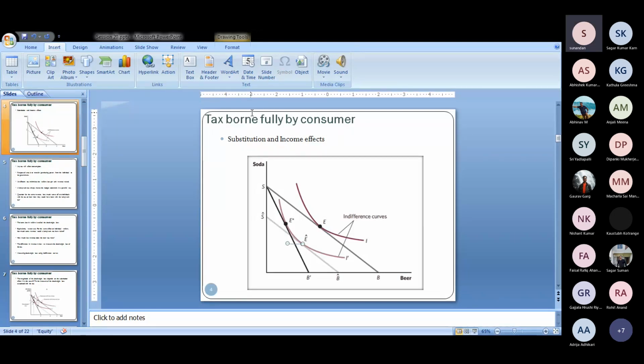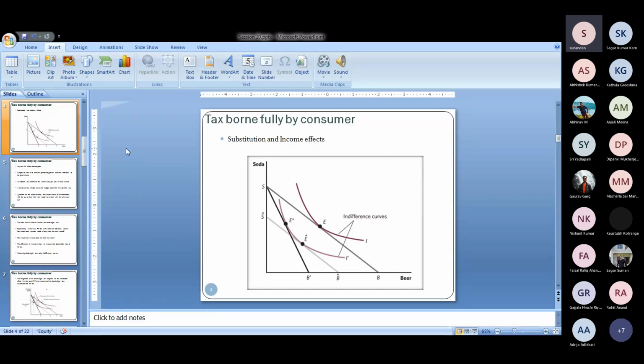Then the government is going to lose the tax revenue on that many units of beer because you are no more consuming that amount of beer. The moment you go for a commodity tax, there will be substitution effects, which means consumers will tend to replace the taxable commodities with the non-taxable commodities. In this case, soda is the non-taxable commodity, beer is the taxable commodity.